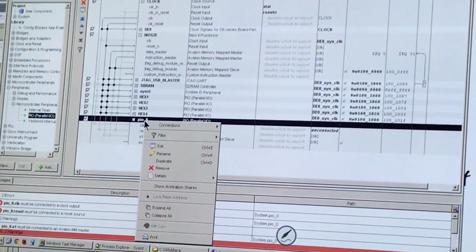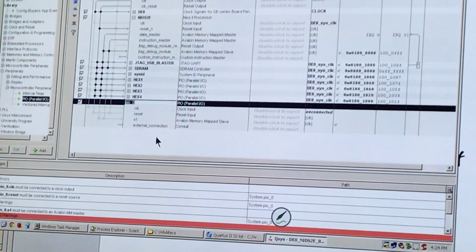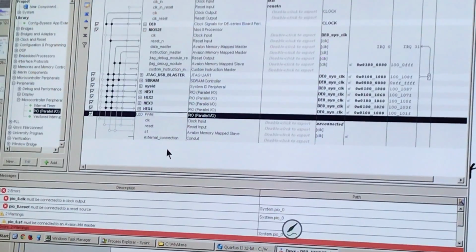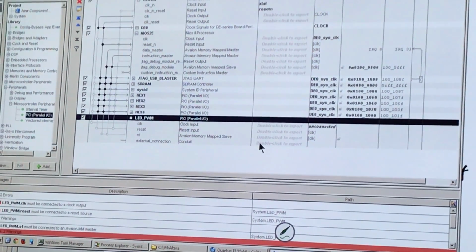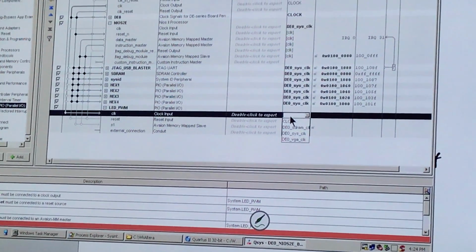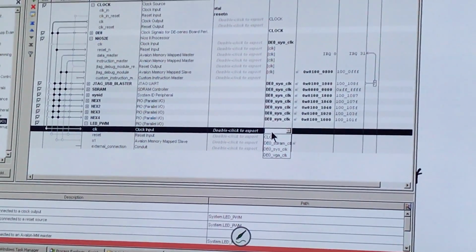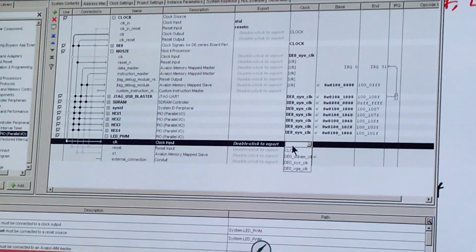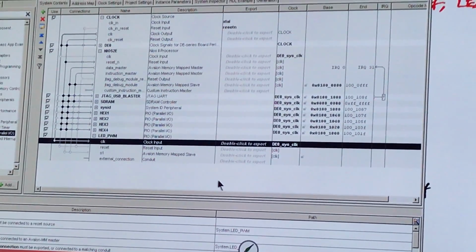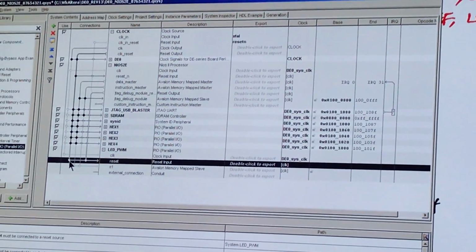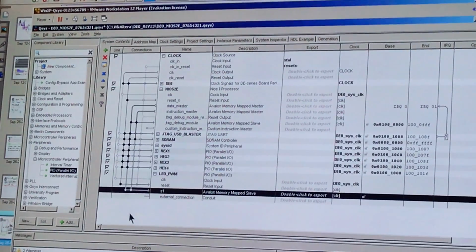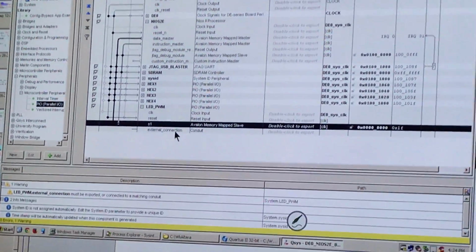Let's give it a name. This is LED PWM. What should be the clock? What should be the clock? No, it's the system clock. Okay. Reset connection. Slave connection. External connection.